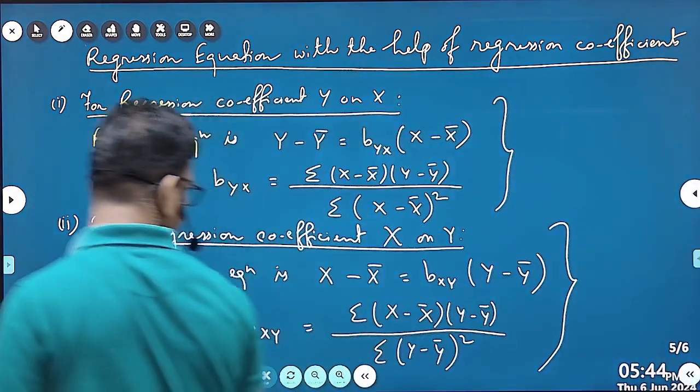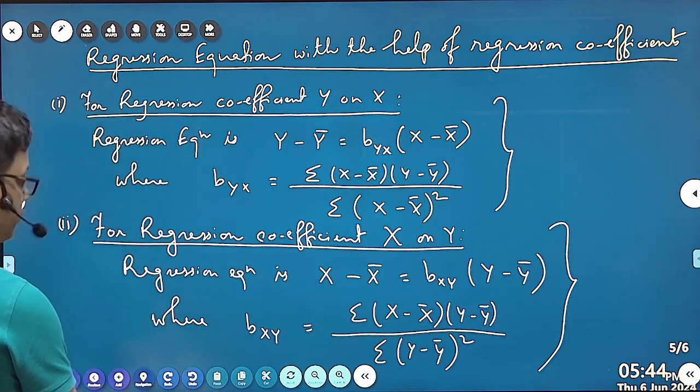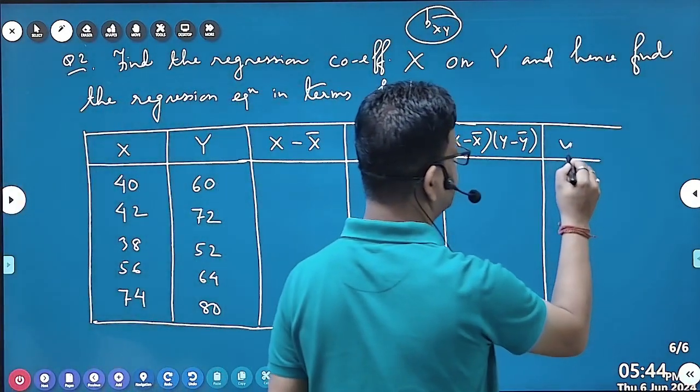Now we also need y minus y bar whole square. So these are the columns.